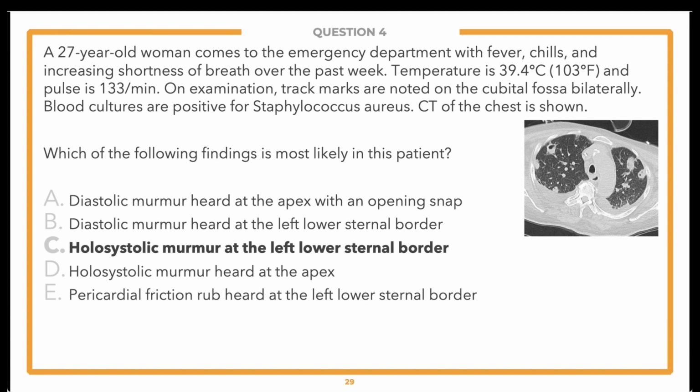So it could be the tricuspid or pulmonary valve. Of these, the tricuspid is usually more involved, and tricuspid disease leads to valvular damage and insufficiency. And so this causes the murmur of tricuspid regurgitation. And that's the most common murmur of IE seen in folks with a history of injectable drug use.